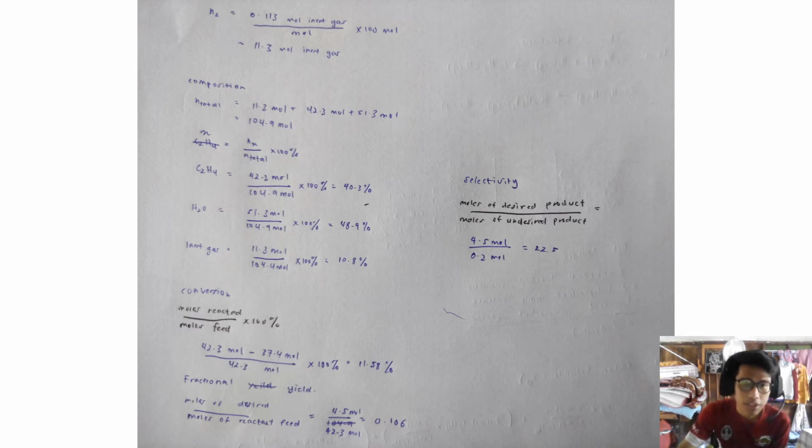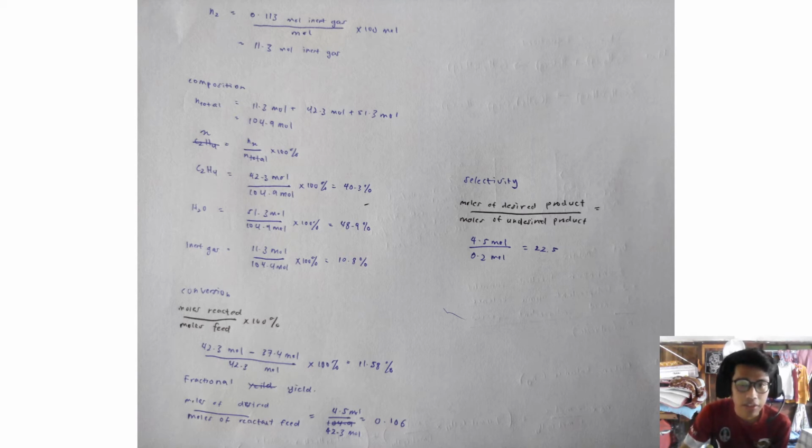For the conversion part, moles reacted is moles of the feed minus moles of the product over moles of feed times 100%. So 42.3 mole minus 37.4 mole over 42.3 mole times 100%, we will get 11.58% conversion of ethylene in this question. For fractional yield, how to calculate it?